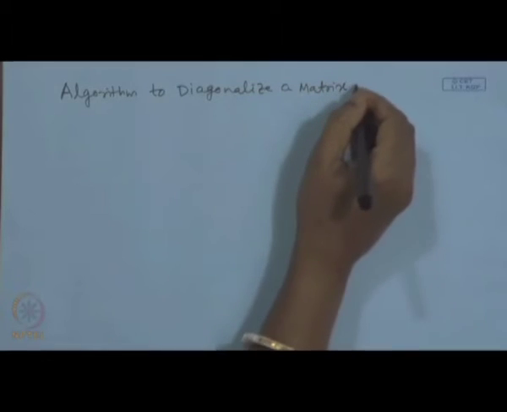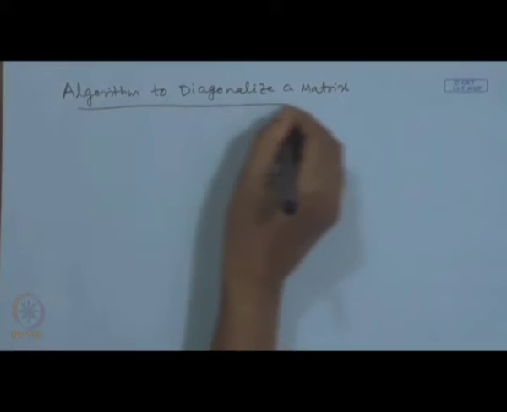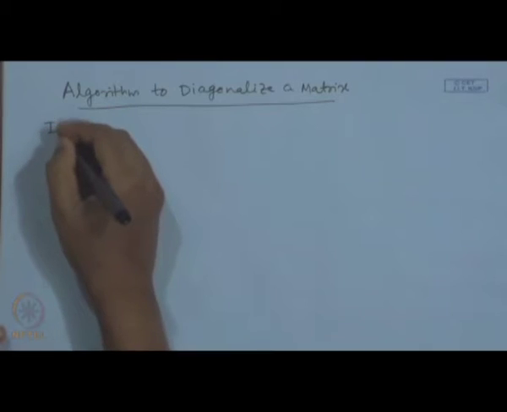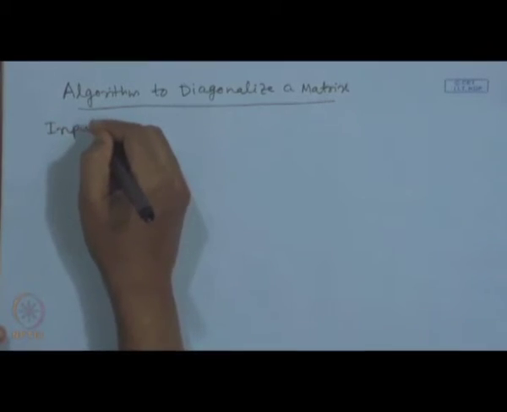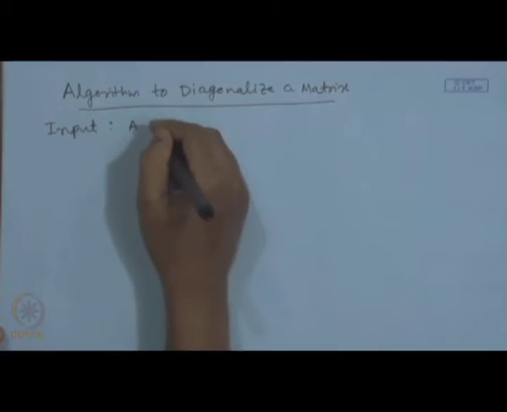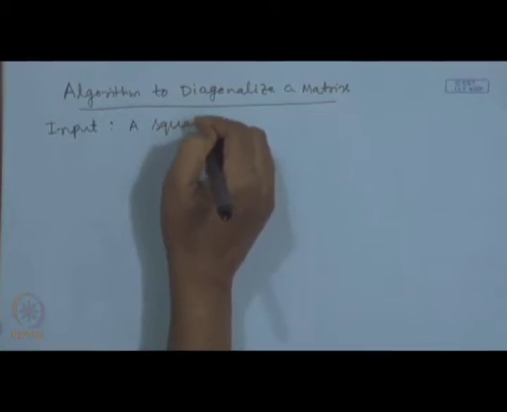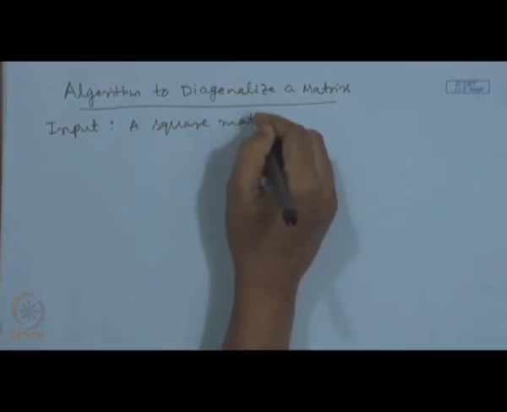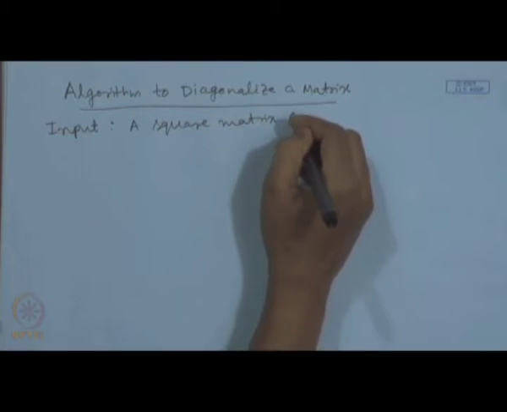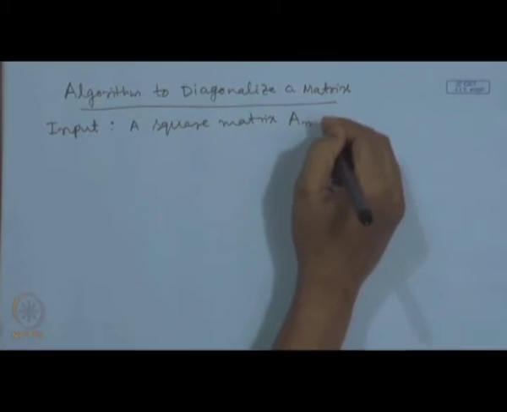Here our input is a square matrix A of size n.